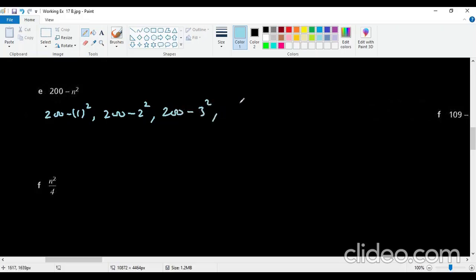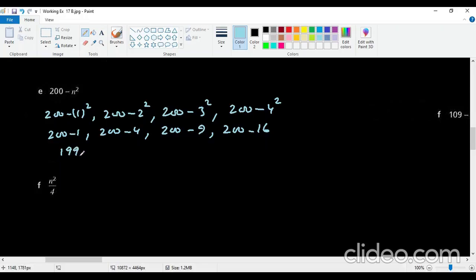So this is going to give you 200 minus 1, 200 minus 4, 200 minus 9, and 200 minus 16. So this is going to give you 199. This is going to give you 196. This is going to give you 191. And this is going to give you 184.